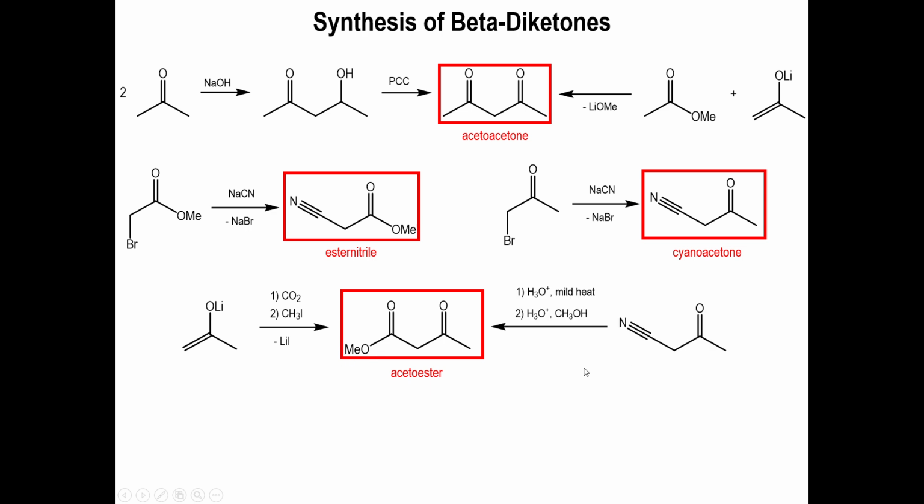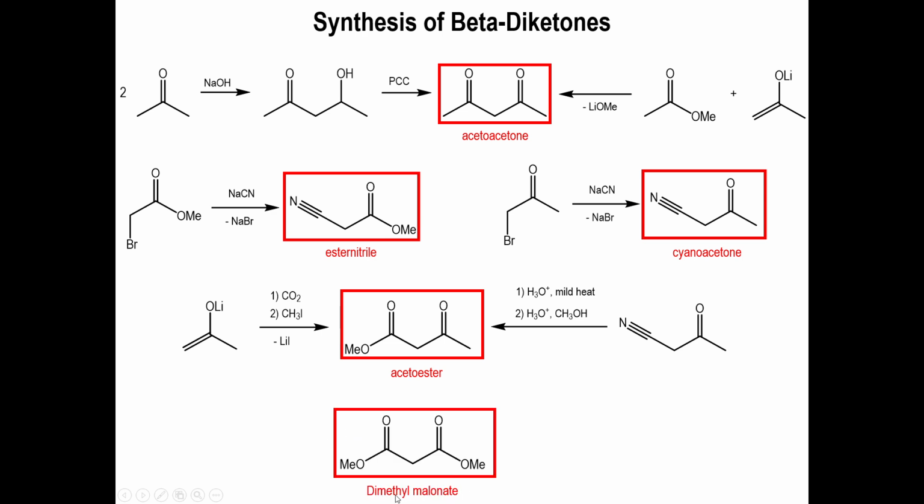But like I said, you could also introduce this from your Claisen condensation, or you could even do this follow-up reaction where you take the cyanoacetone derivative and react it with acid to turn the cyano group into a carboxylic acid, and then you can treat that with alcohol under acidic media to turn it into the ester, right? So you have a lot of options right here. Probably the most direct route will be the Claisen condensation, though.